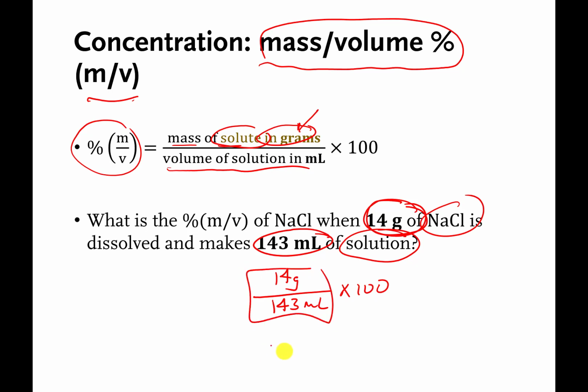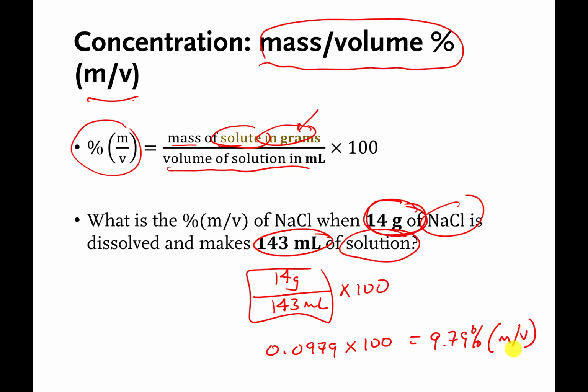This little part here is 0.0979, and times 100 to turn it into a percentage. And we'll get 9.79% m/v.